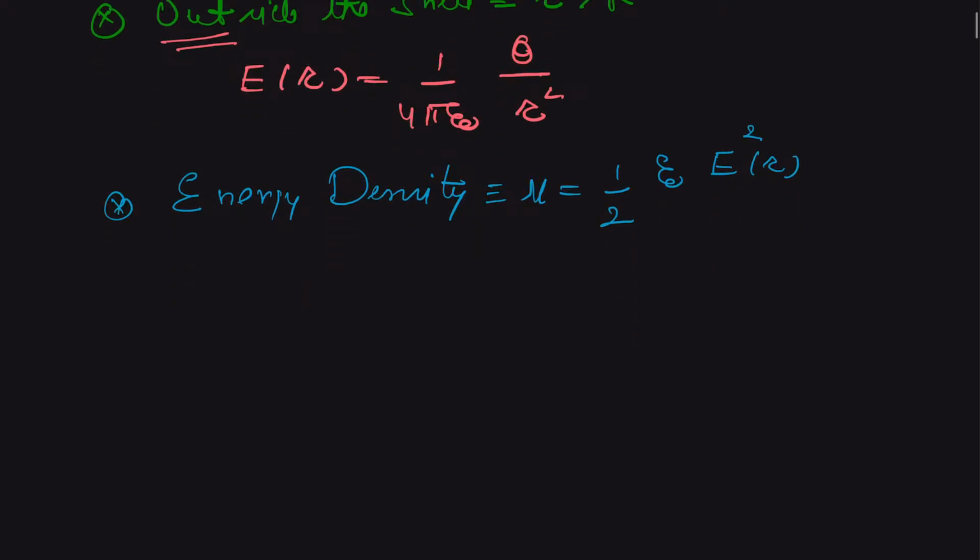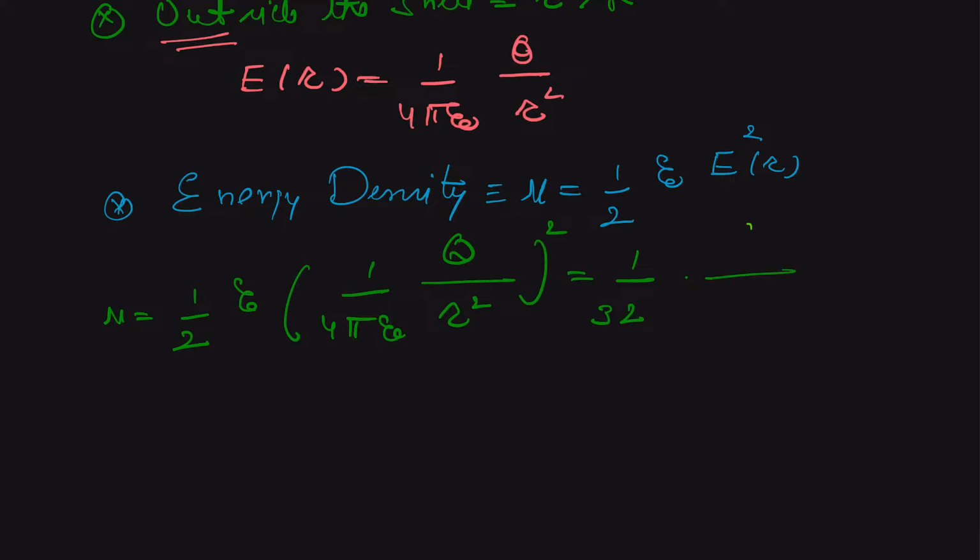Therefore we substitute it, we get the energy density u will be equal to 1 by 2 epsilon naught times 1 upon 4 pi epsilon naught q upon r square, whole square. Okay. And this will be coming as 1 upon 32 pi square epsilon naught, q square upon r raised to power 4. Okay.